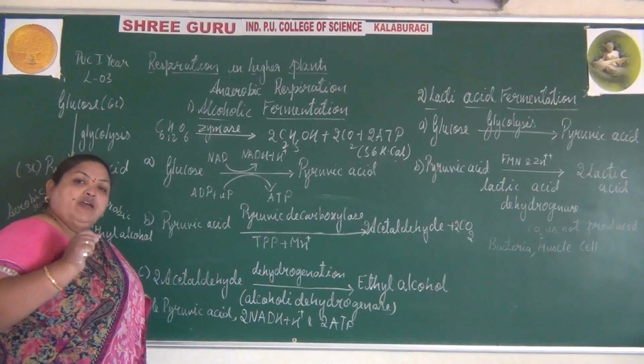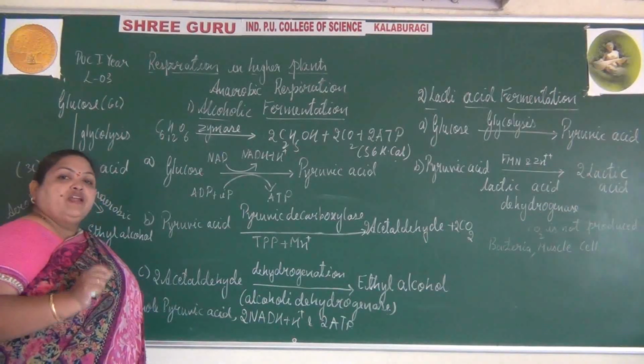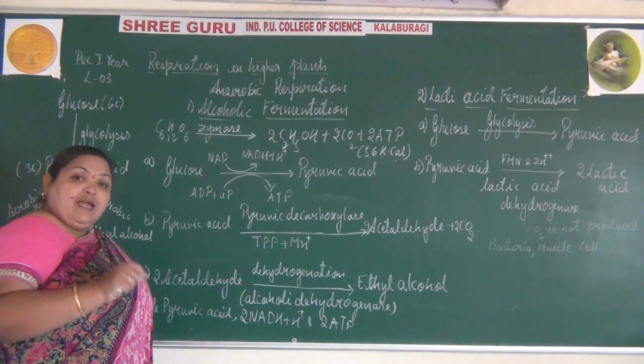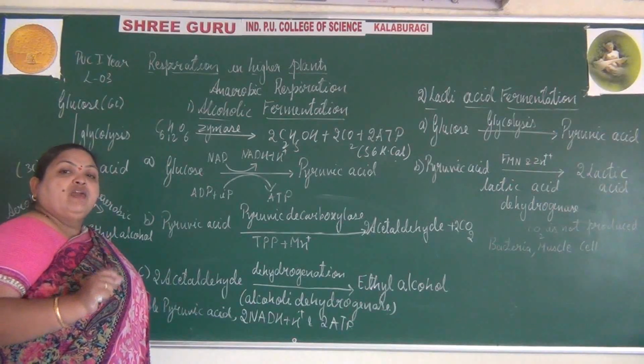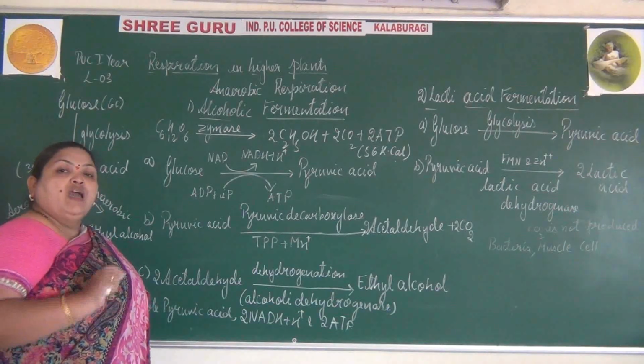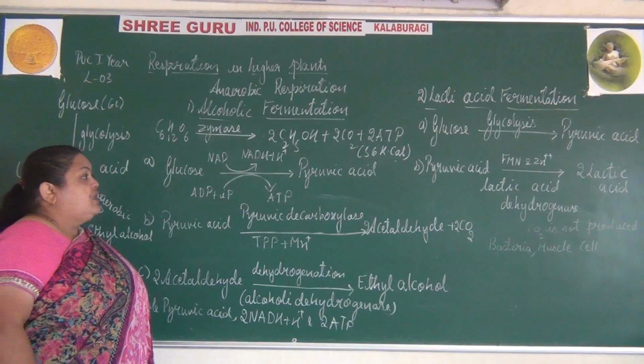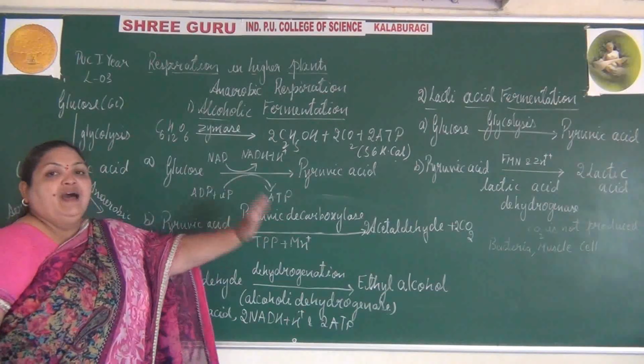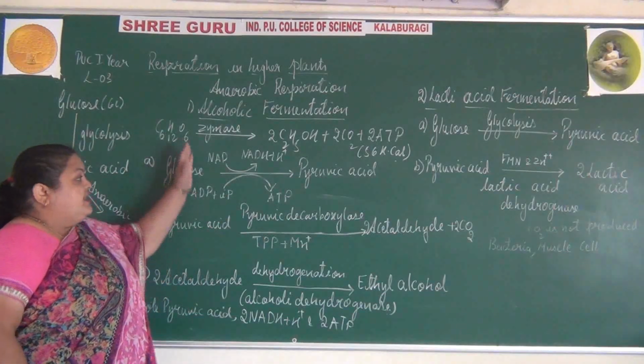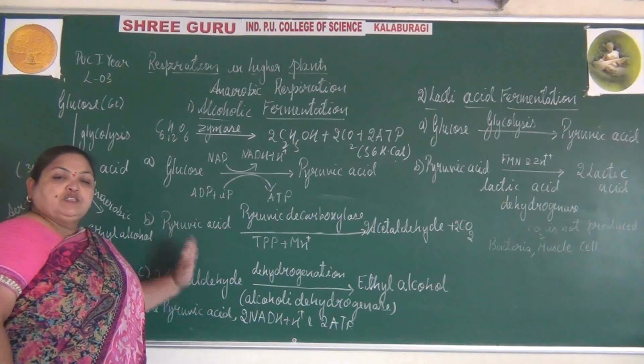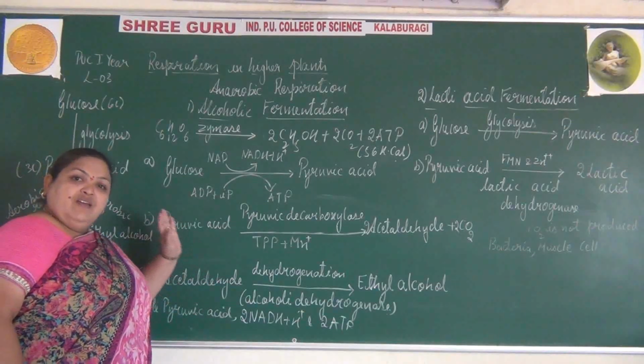So here there is involvement of an organism. A process where living organisms are involved is known as a biological process. Both are biological processes. Here the organism involved is the yeast.